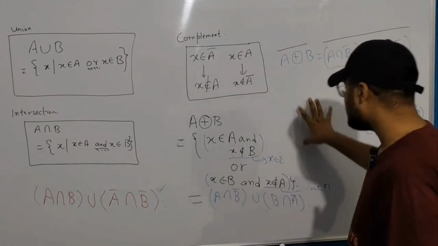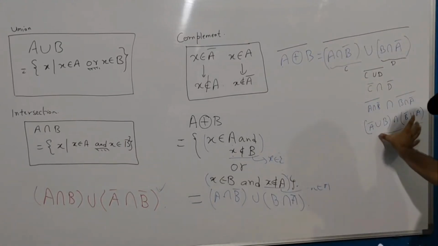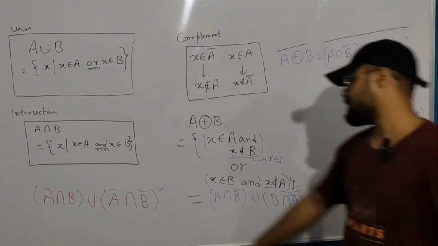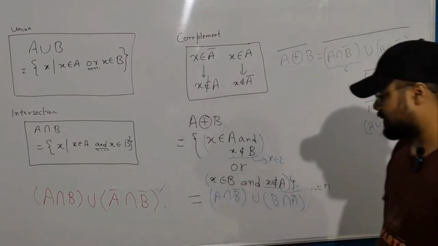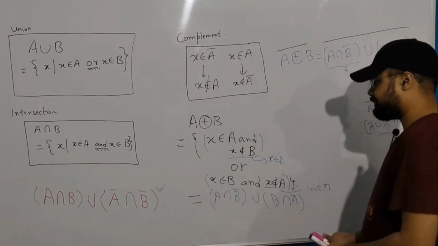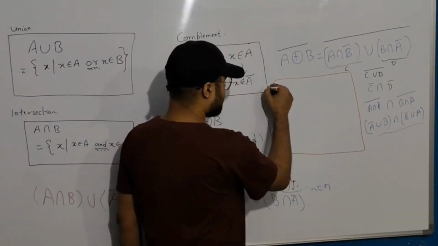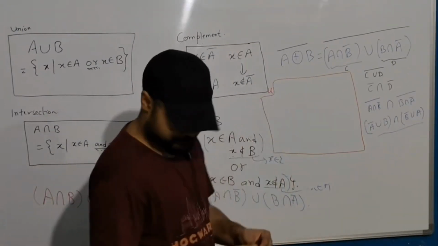Let me draw a Venn diagram and show that whatever regions these are giving, the same regions are given by this. So these two expressions are equal because the elements are same. This is your universal set.